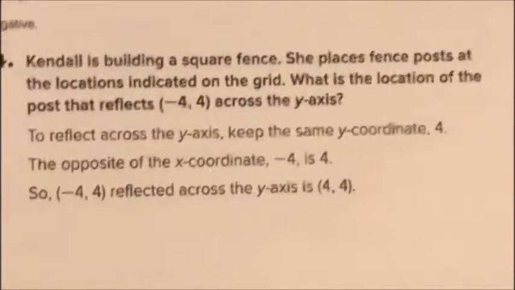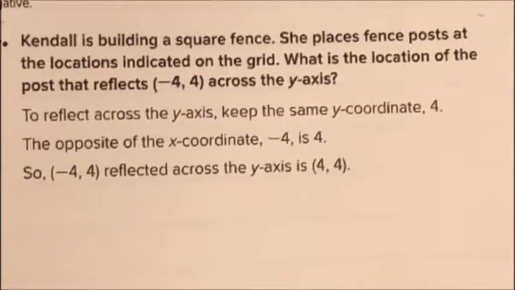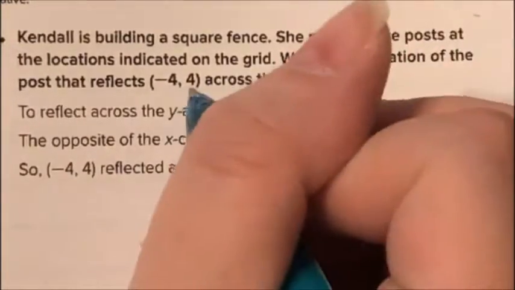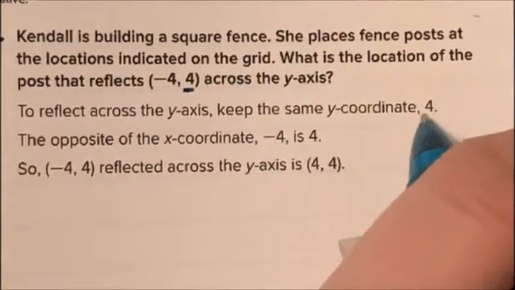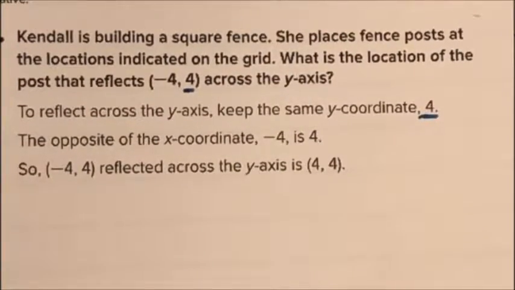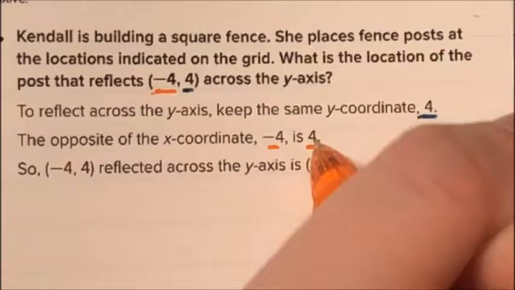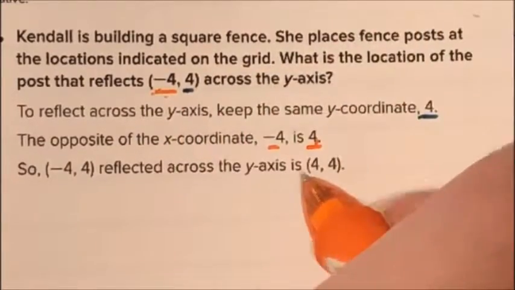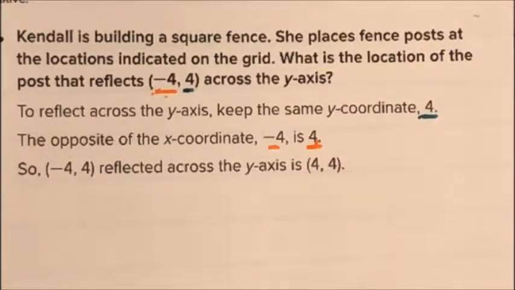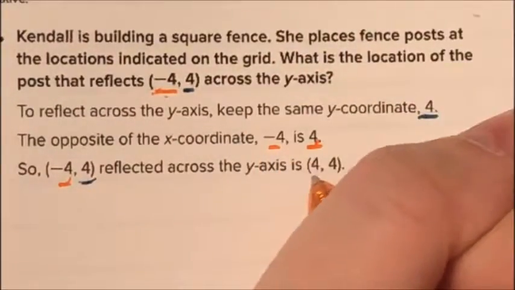So to reflect across the y-axis, I keep the same y-coordinate and the opposite x-coordinate. Opposite of -4 is 4. So (-4, 4) reflected across the y-axis is (4, 4).